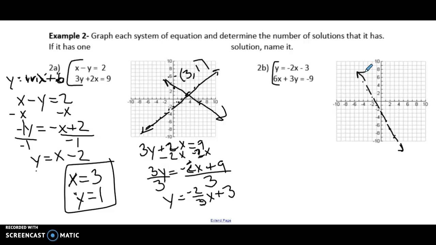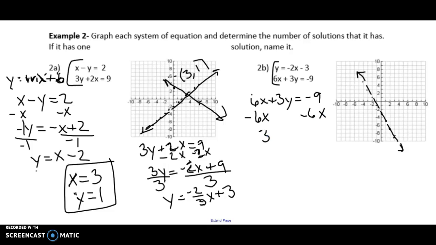All right, so now I'm going to graph the other line, 6x plus 3y equals negative 9. I want to get this into y equals mx plus b form, so I'm getting y by itself. I subtract 6x from both sides.